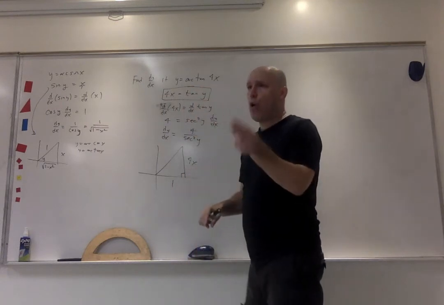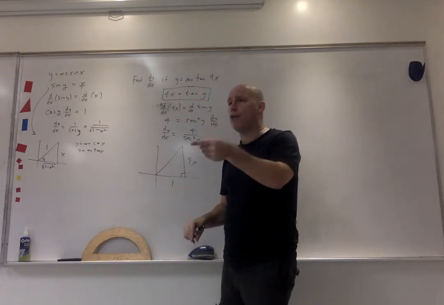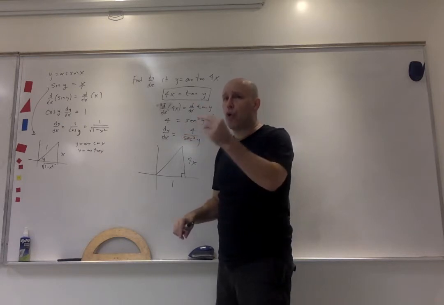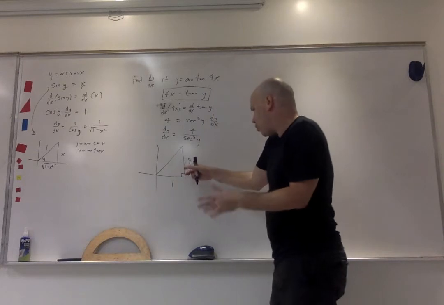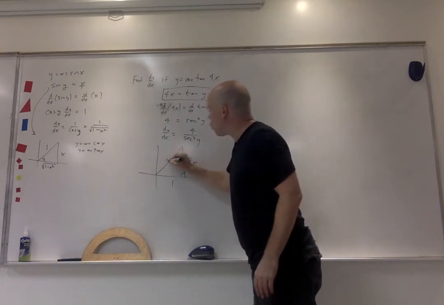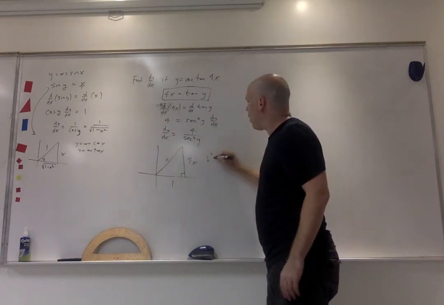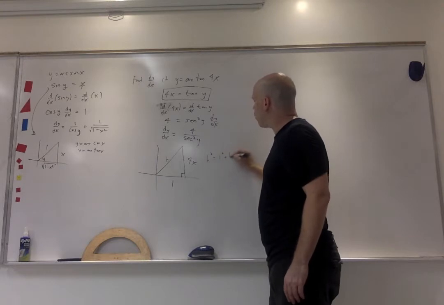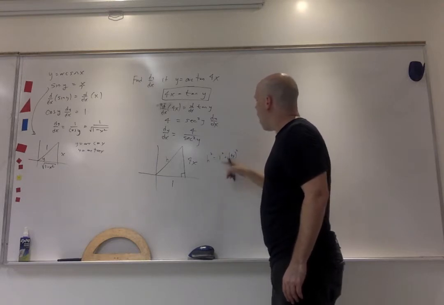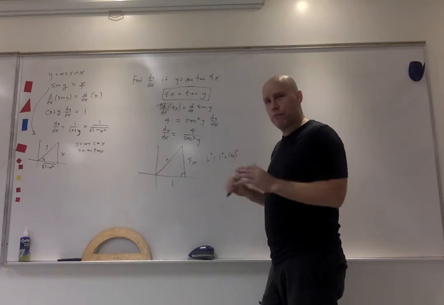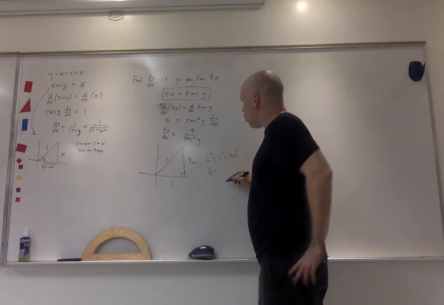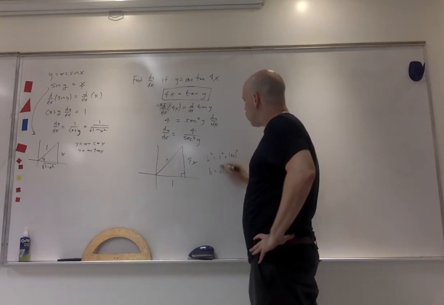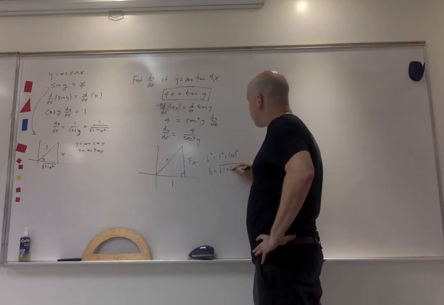If the cosine is adjacent over hypotenuse, the secant is hypotenuse over adjacent. We just need the hypotenuse, which is no big deal. Let's call that h. So h squared equals 1 squared plus 4x squared, so h is equal to the square root of 1 plus 4x squared.